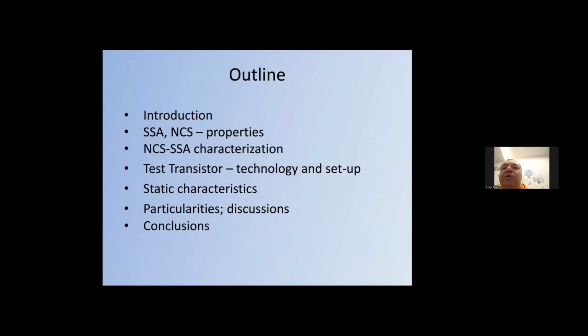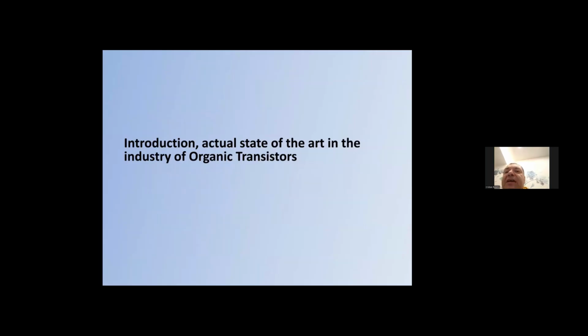I will call it shorter SSA, sulfosalicylic acid, because this is the core of today's presentation. Then the characterization of SSA, then how we produce a test transistor to set up the technology, and then how we measured some static characteristics, and a few particularities and discussions.